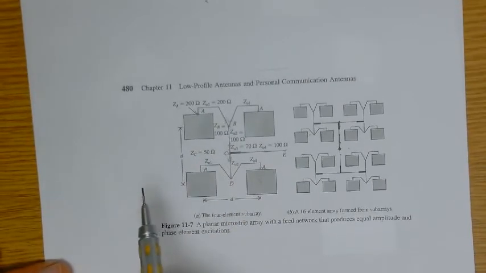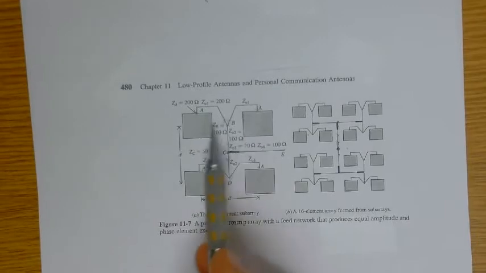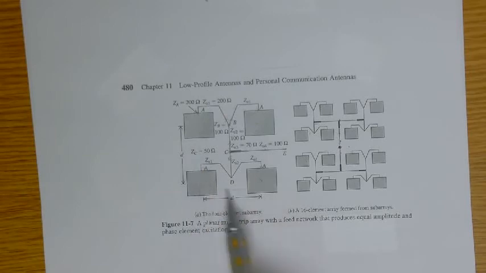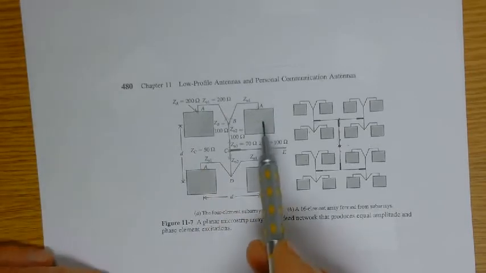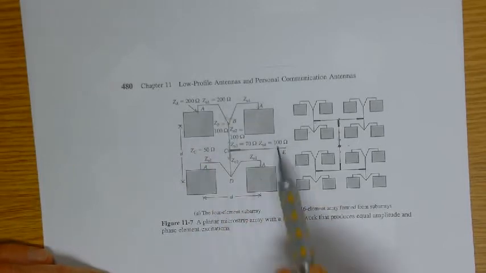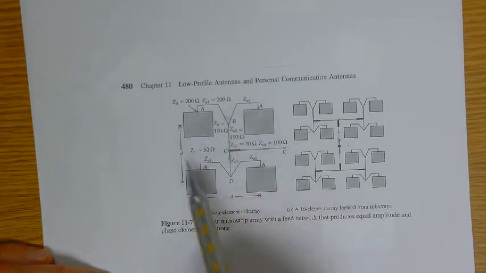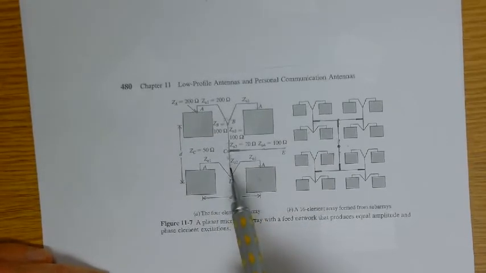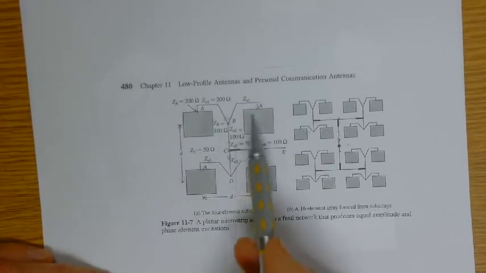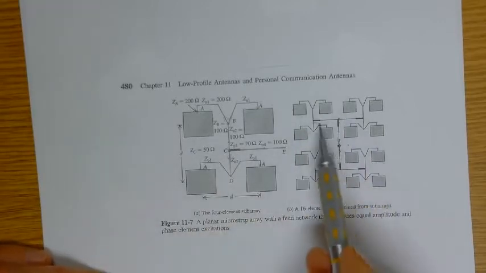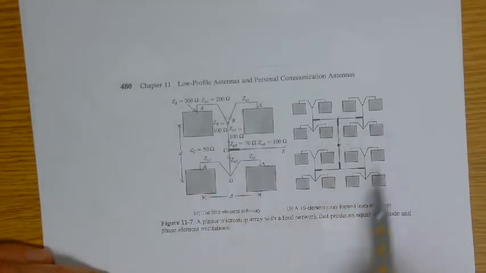So the pattern of the array is going to be narrower than the pattern of one of the patches. So we get a multiplicative factor here. So we make the half power beam width skinnier, smaller, and so we know the directivity is inversely proportional to the half power beam width squared, and so the directivity is going to go up, right? It'll go up even more here, because you got this repeated 4 times. 1, 2, 3, 4. Okay, arrays.